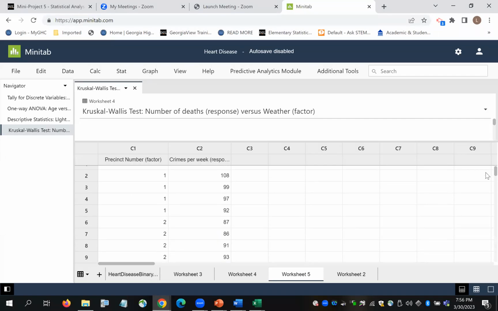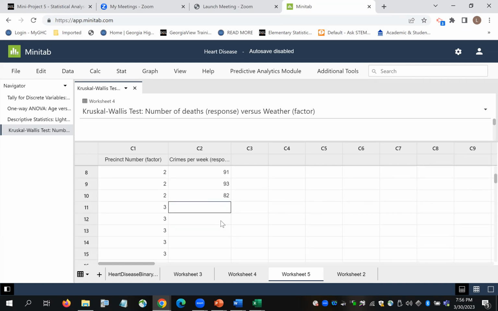I've coded the first 5 responses as precinct 1, the next 5 as precinct 2, and then for precinct 3 I would enter 74, 83, 78, 74, and 60.